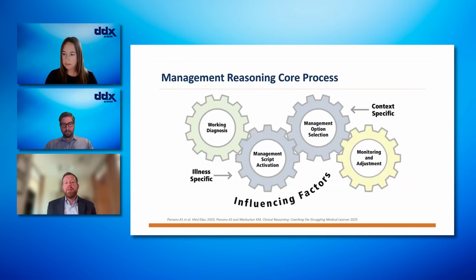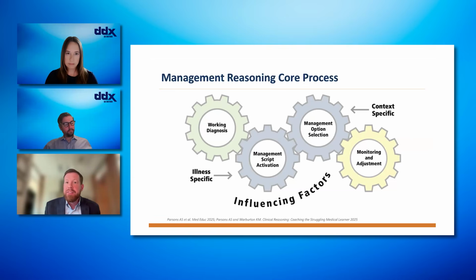This is what the management reasoning process looks like. Note that this is somewhat oversimplified, but this has been optimized for educational purposes. So starting left to right, you can see we're beginning with a working diagnosis, or we might have just a representation of the problem. We're then activating our management script. I want to emphasize here, we activate this in an illness specific way.